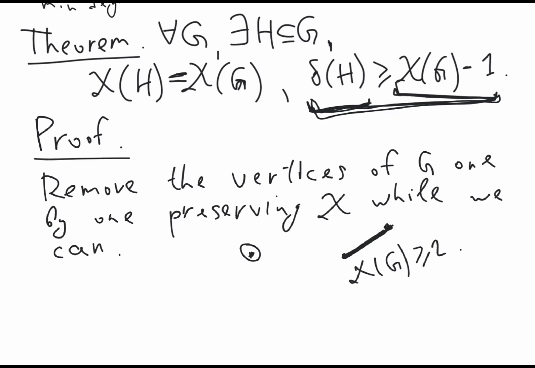When we have a single vertex remaining, it has chromatic number 1. So during this removal of vertices, when we go from the whole graph G to a single vertex, at some point we would decrease the chromatic number. This proves that we need to stop at some point, before we reach a single vertex graph.